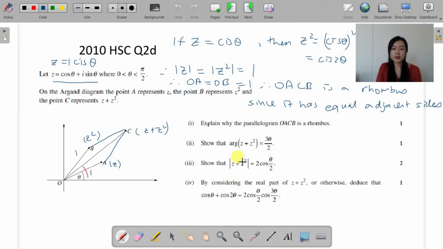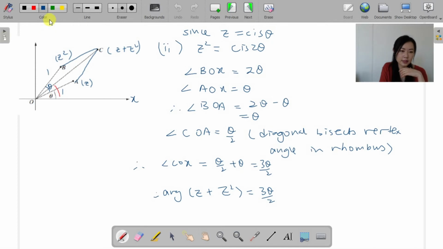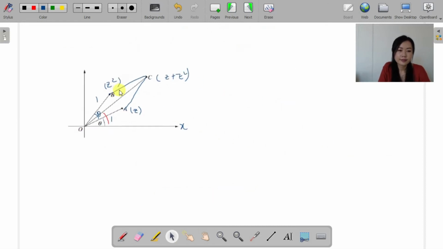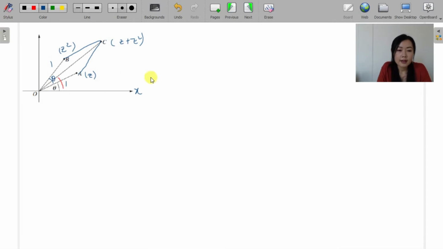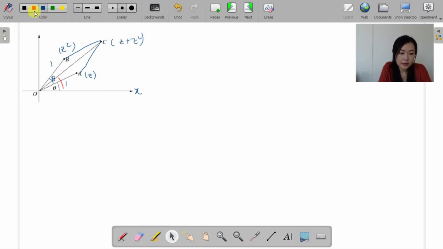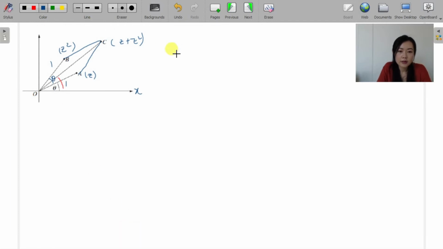All right, modulus. So the modulus is the length of OC, right? So let's copy this. We're looking for the modulus of Z plus Z squared, which is the length of OC.